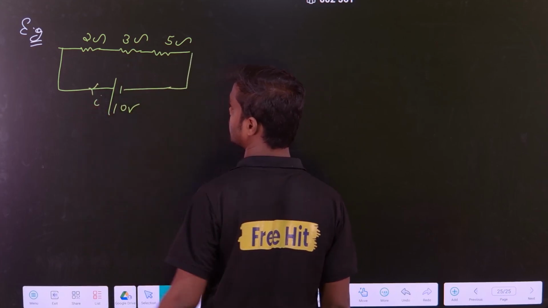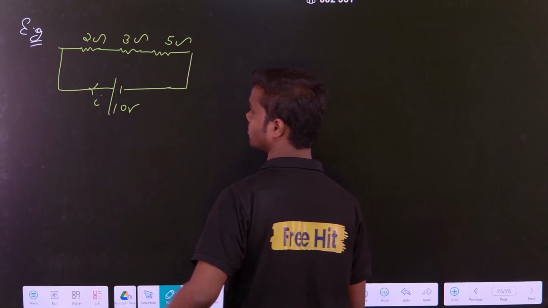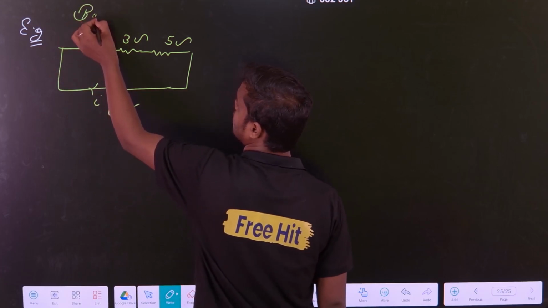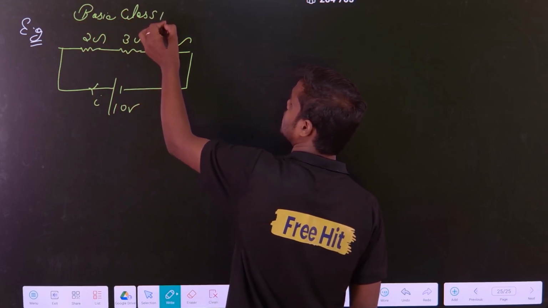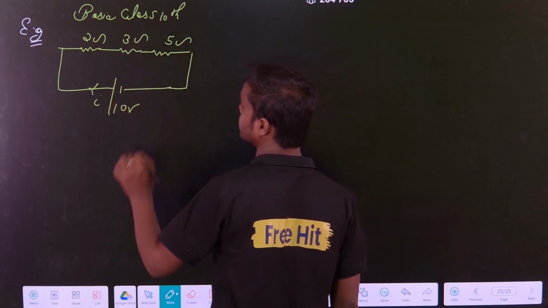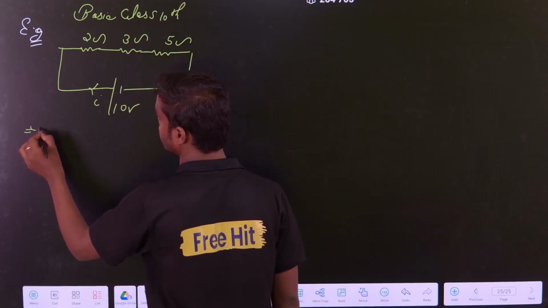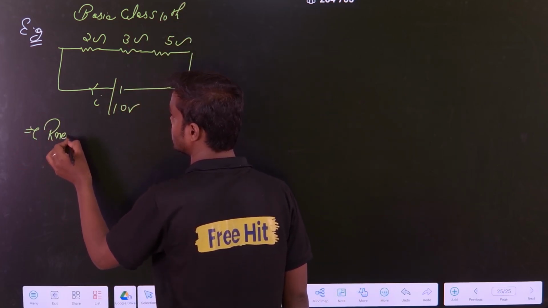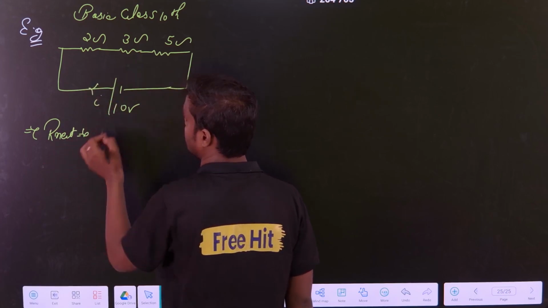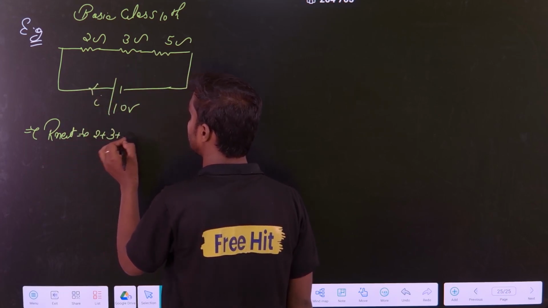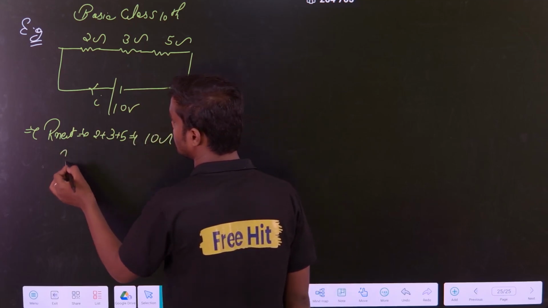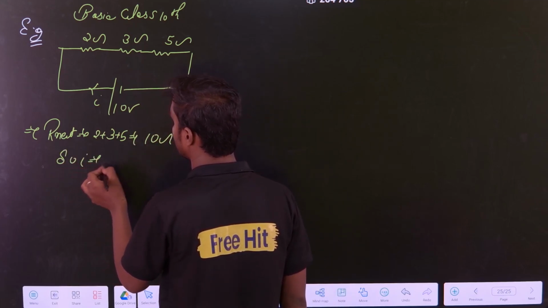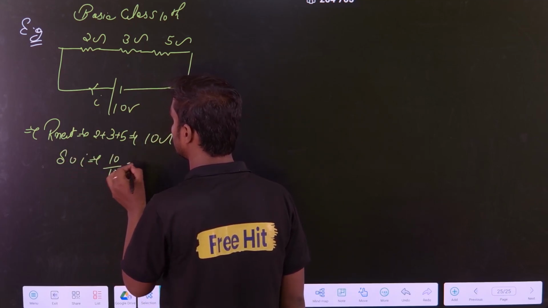The current, suppose I. See, what is the basic method? What do you know from class 10th? By the class 10th approach, how will you solve if I give you this question? First you will calculate R net, sir. It is a series combination, sir. First I will do 2 plus 3 plus 5, that is how much? 10 ohm. So sir, I will be 10 upon 10. Sir, it will be 1 ampere.